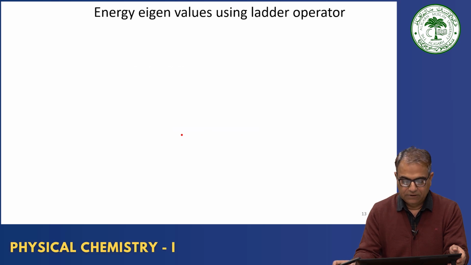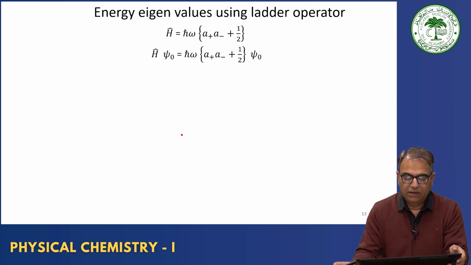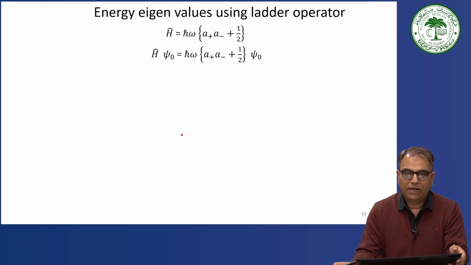So what about the eigenvalues using the ladder operator? After finding the eigenfunction, we will use this Hamiltonian. We have already arrived at this Hamiltonian, and if you use it with the psi 0 wave function, you get this equation with H psi.